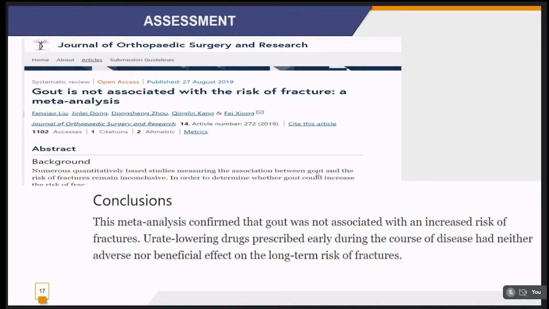But we can also see another study, a 2019 meta-analysis, that confirmed gout was not associated with an increased risk of fracture.